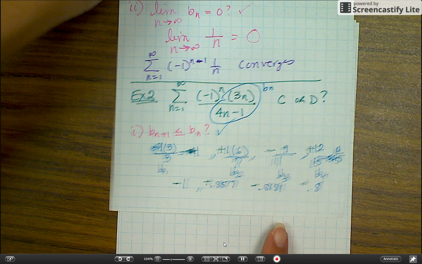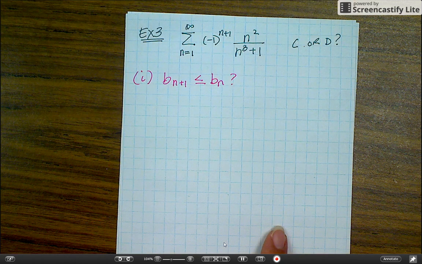But remember when we did the integral test to check to see if something was decreasing, what would we do? Yeah, we do a number line. How do we get to the number line stage first? We have to take the derivative. So instead of sitting here and expanding, let's take the derivative.